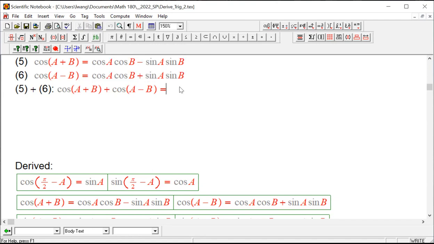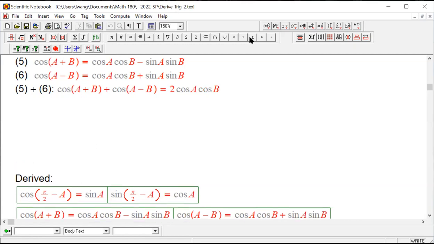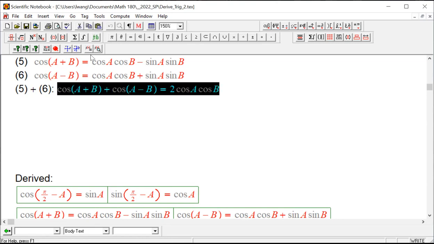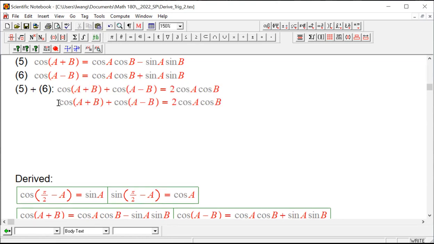When we add opposites, we get 0, so this gets 2 times cosine A cosine B. Once again, we divide both sides by 2, or multiply by half.